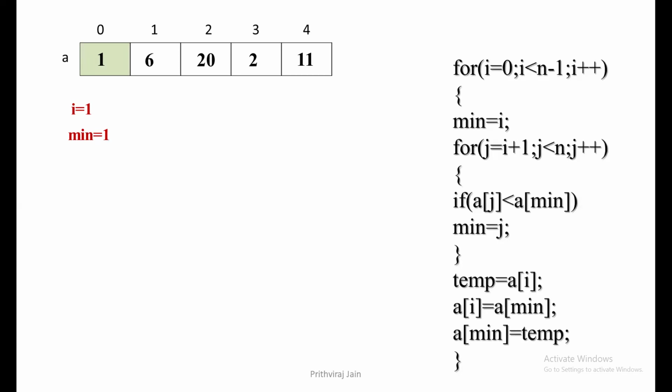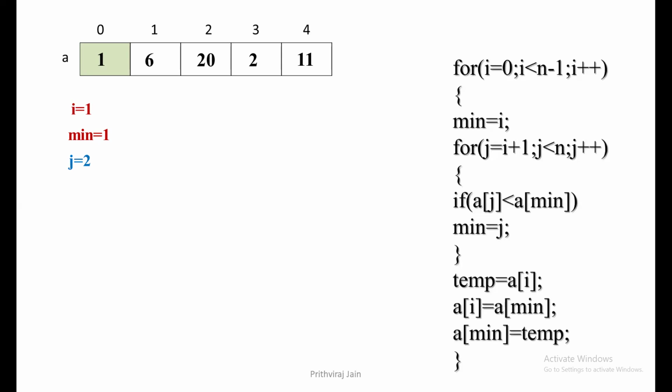Okay, so now the outer loop is repeating, so obviously the min value is initialized with the value of i. Okay, so that is 1. And in the inner loop, the j value starts from the next position of i. So the ith position is 1, so obviously j starts from 2.